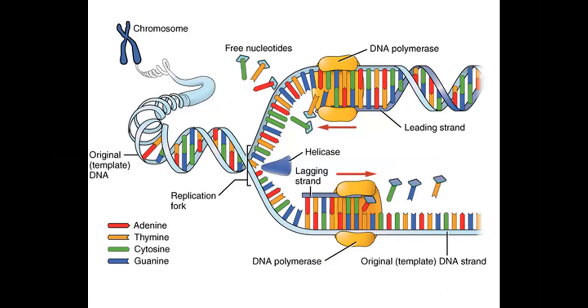Helicase. You got it. Helicase comes in and breaks those strands apart. Then the polymerase comes back through, adds the complementary strand, and then goes back through to check for errors. 3 easy steps: unzip, add, proofread. Got it?